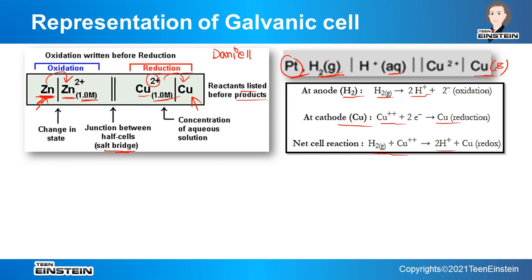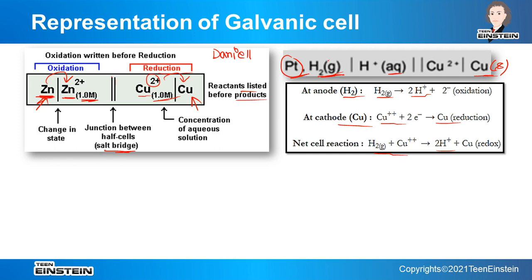Sometimes concentration will be given, it may not be given. Okay. And states are also mentioned. So if molarity is given, that means obviously it is aqueous solution. If gaseous is written, then instead of concentration, the pressure will be mentioned, because we know that electrode potential is dependent on the concentration. But in case of gas, there is no concentration, only pressure will be used in terms of atmosphere unit.